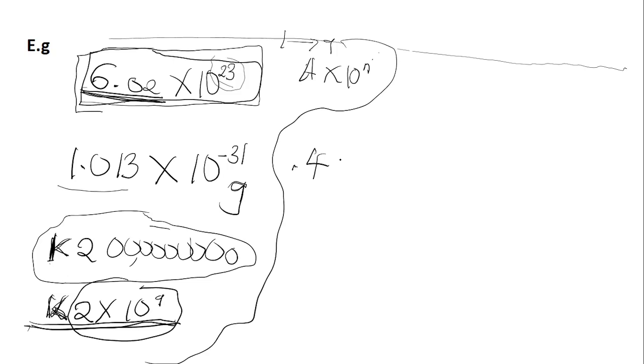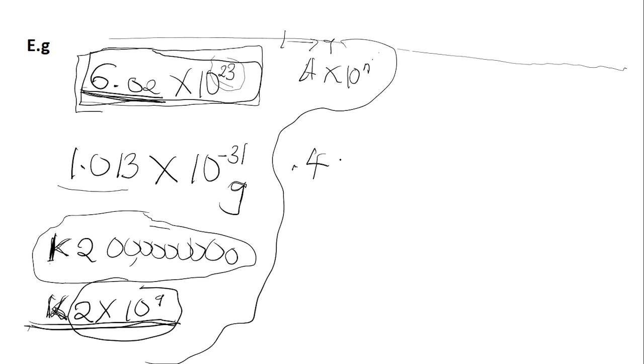What are you going to do? Normally we would express this number back to normal and also express this one back to normal, and then add them. But chemistry does not want you to do that. Instead, it wants you to add these numbers as they are in standard form.